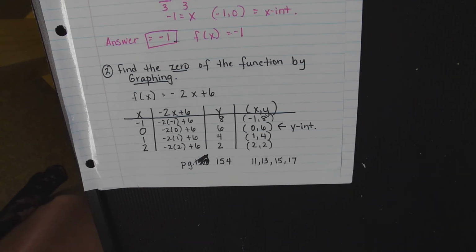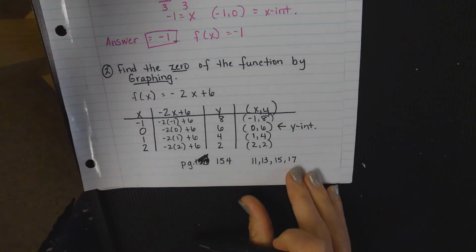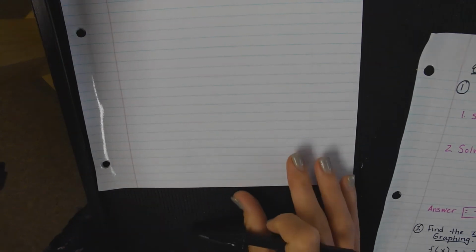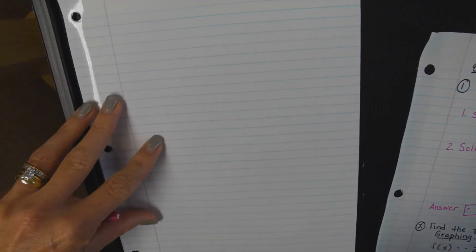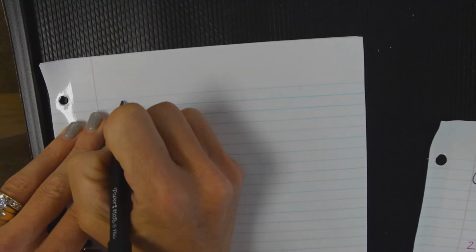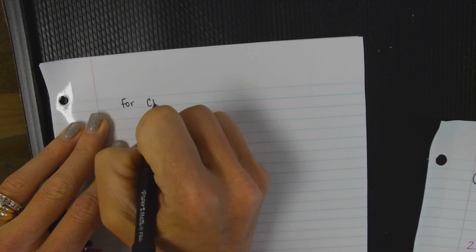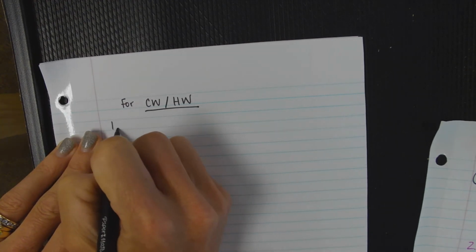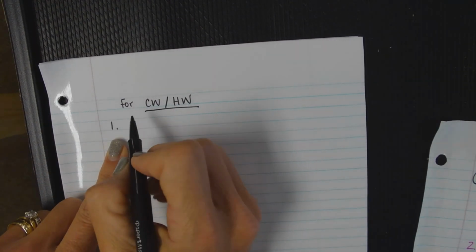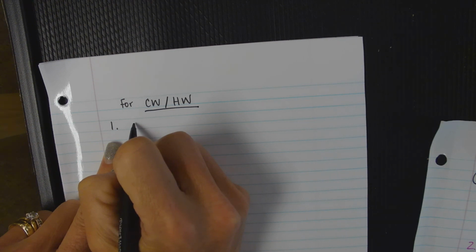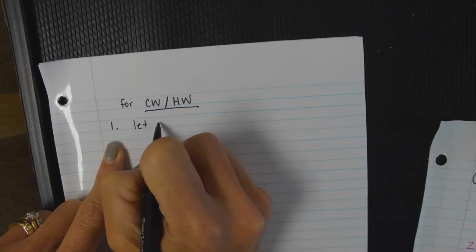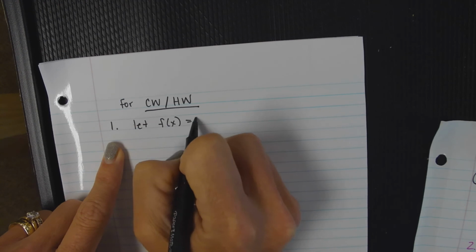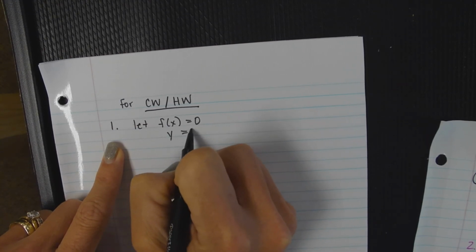Do y'all understand? Okay, there's 2 parts to this. I'm going to leave this up for you. For classwork and homework, the first thing I want you to do is let f of x equal 0, which also means let y equal 0.